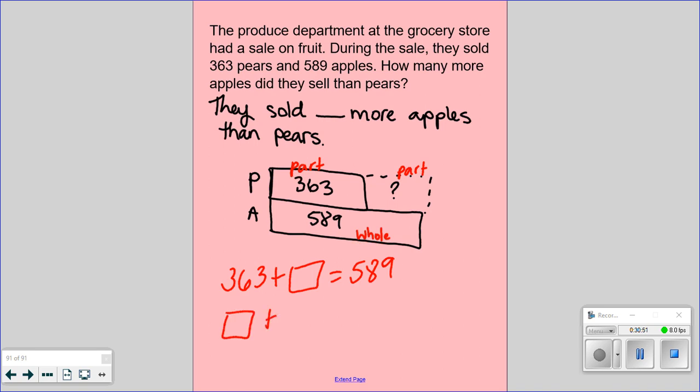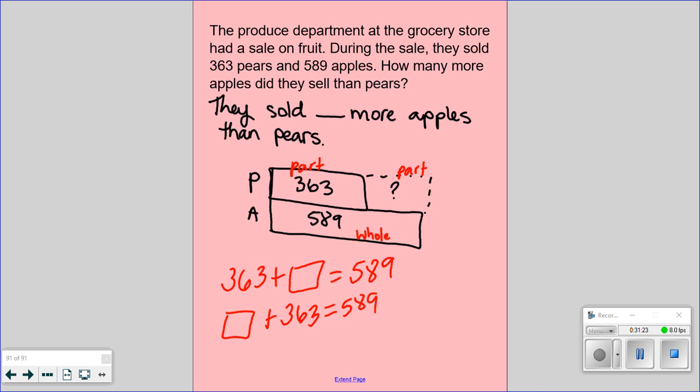Plus what to that mystery number? 363. Pretty good addition equations I could choose from. Sit up. Can I write a subtraction equation? Yes.